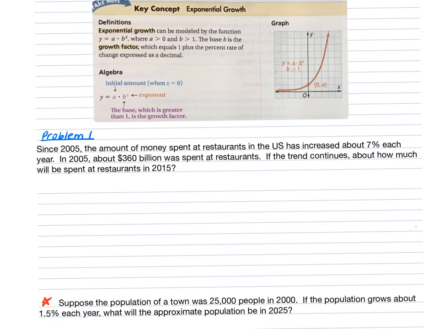Okay, so let's get our formula here. y equals a times b to the x. So our initial amount, when x is 0, is what we're starting with. The initial amount here is 360 billion. So y equals 360, and let's just do this in billions. The money spent has increased about 7%.